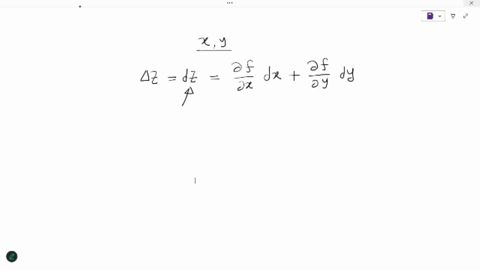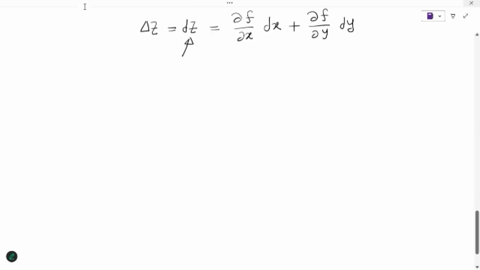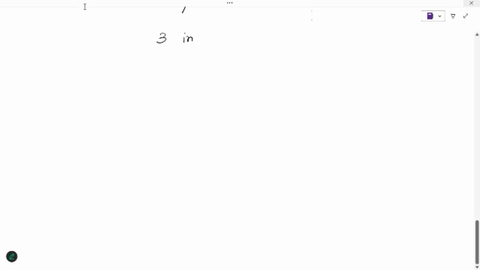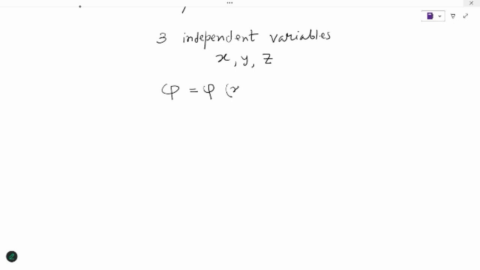Now comes the three-dimensional part, that is when we have three independent variables, that is x comma y comma z. Now let's suppose in this case we have a dependent variable, that is phi, and phi depends on x, y and z.